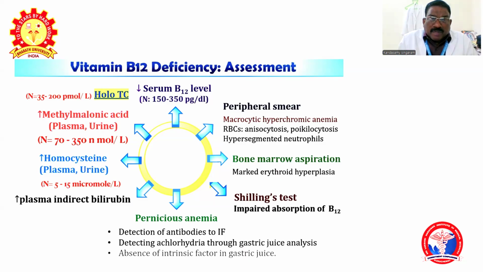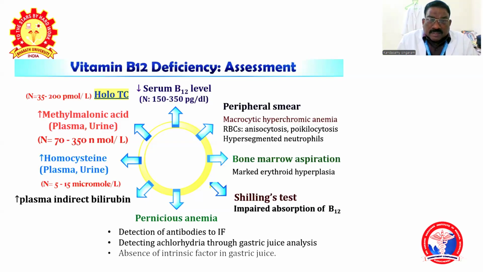In vitamin B12 deficiency, there will be a decreased serum B12 level. Then peripheral smear: macrocytic normochromic anemia, RBC anisocytosis, poikilocytosis, hypersegmented neutrophils. Bone marrow aspiration shows marked erythropoietic hyperplasia.